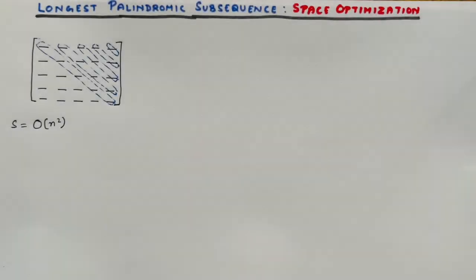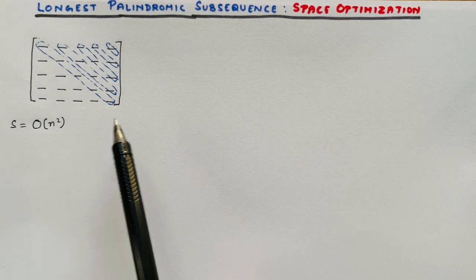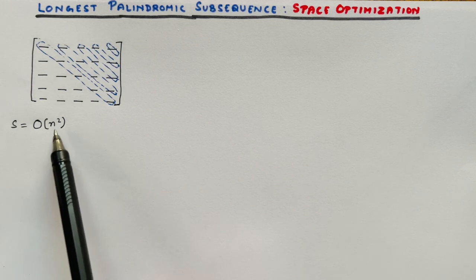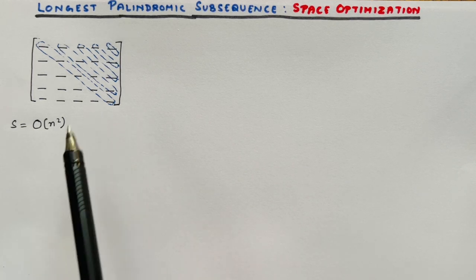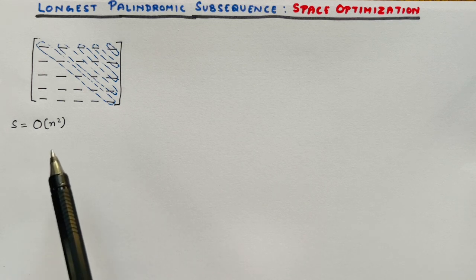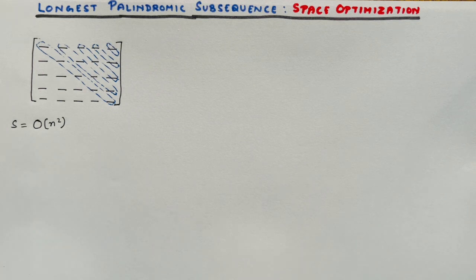Let us now come back to our original problem, where we were dealing with the length of the longest palindromic subsequence. So what was the space complexity of the algorithm that we used? The space complexity was big O of n square because we used this two-dimensional matrix. Now let's see, can we solve it in lesser space than this?